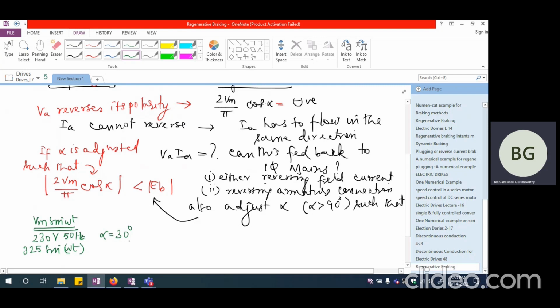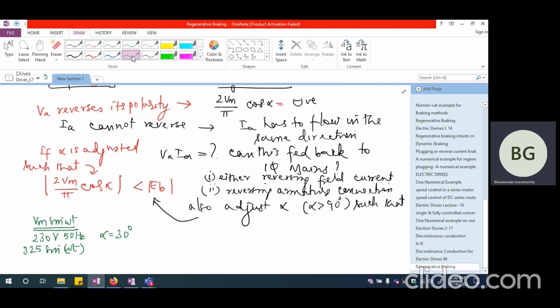Approximately what we are going to have as the voltage will be 230 multiplied by 0.9, which is actually the output for a single phase diode rectifier. That has to be multiplied by cos 30, which is 0.866. So the voltage we get will be approximately 180 volts.